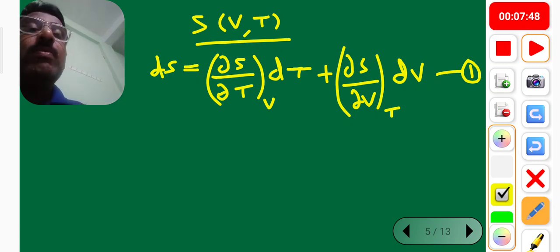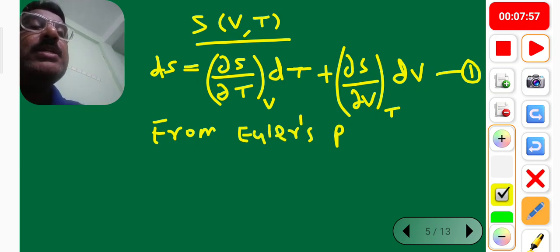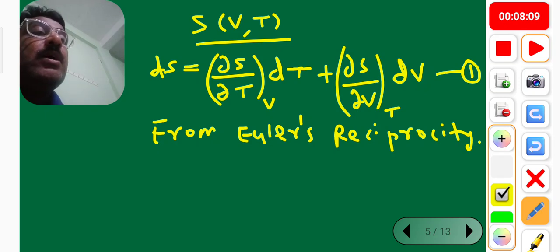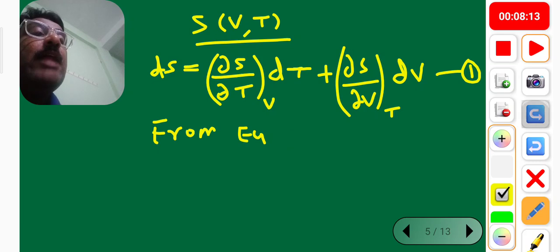Alright, now from Euler's reciprocity, we are going to take the Helmholtz equation.